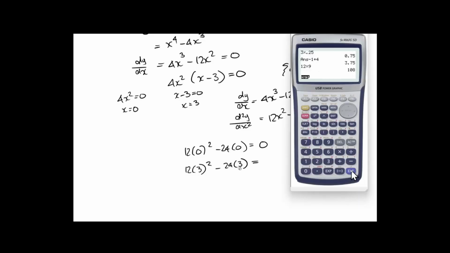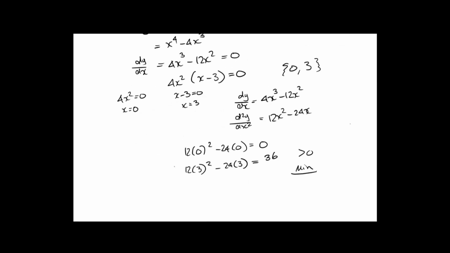If we put in 3, 12 times 3 squared minus 24 times 3, 12 times 9, I'm not quite sure what that would be off the top of my head. 108 minus 24 times 3, 72, so 36.